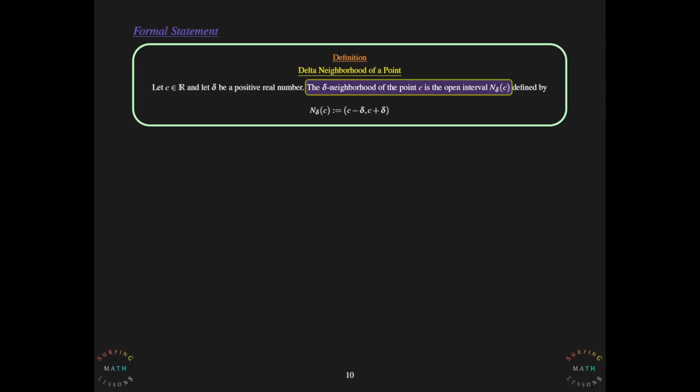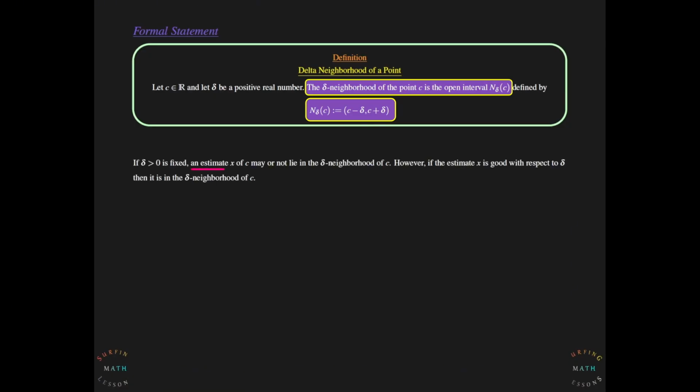The delta neighborhood of a point c is defined to be the open interval (c - delta, c + delta). Observe that if x is an estimate of c, then x may or may not be a point in the delta neighborhood of c.